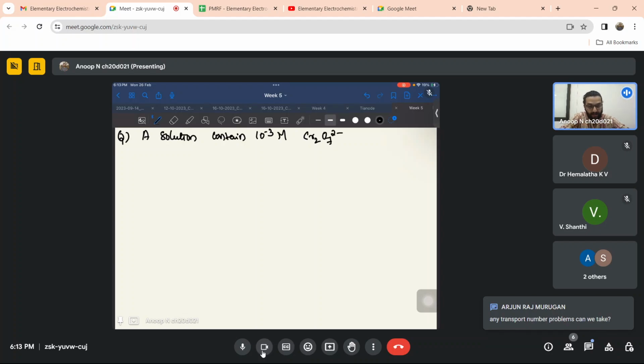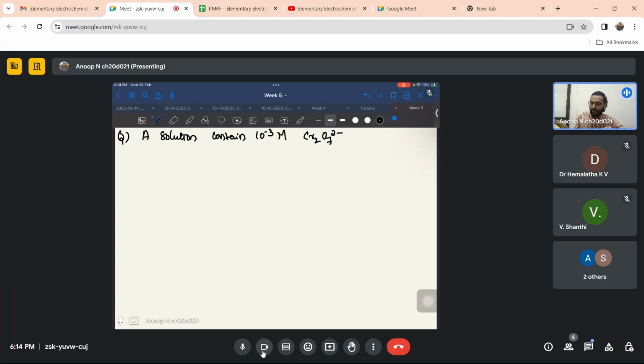Today we will be solving multiple transport number problems. Last class there were some doubts on this particular question. Since the assignment was not submitted, I put it for this week. After only one extra problem, we'll go to a little bit of theory. I'll refresh the transport number calculation methodologies, then conductivity measurement, not too deep, but I'll just brush it up.